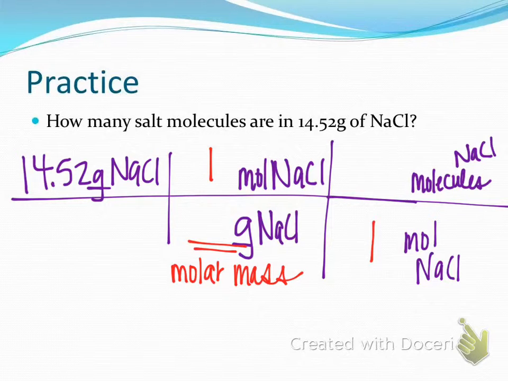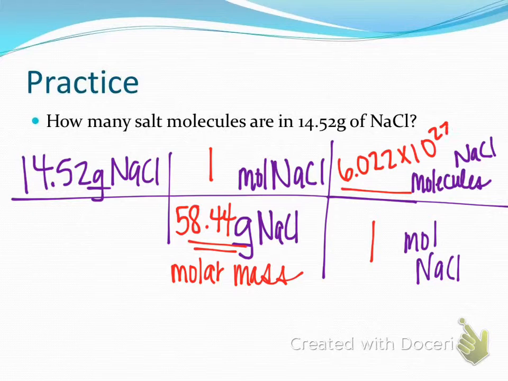The molar mass of sodium chloride I had at 58.44. That's what I had, keeping everything at 2 decimal places. Tell me how many molecules are in 1 mole of salt. Good. 6.022 times 10 to the 23rd.